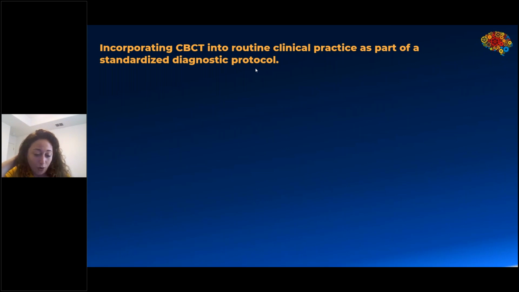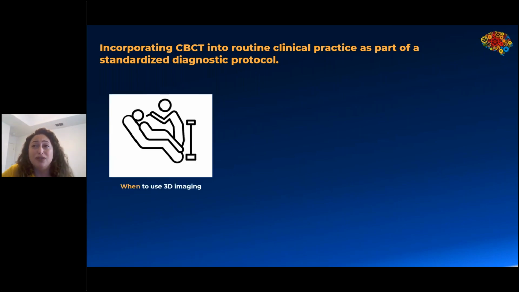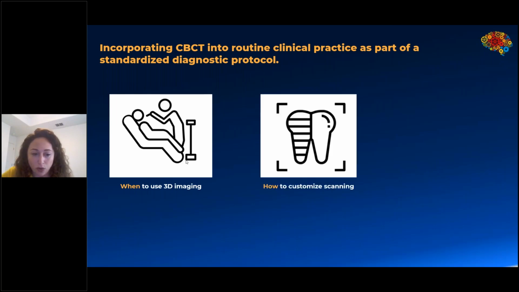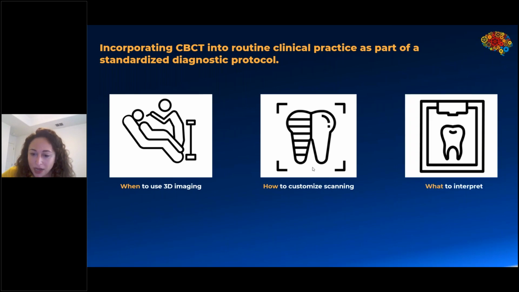So if we go back and think, how can we incorporate cone beam into routine clinical practice? This way, it's part of our diagnostic protocol and not just the tool we use whenever we don't have any other means that can help us. We really need to think: when can I use cone beam? How can I customize it?